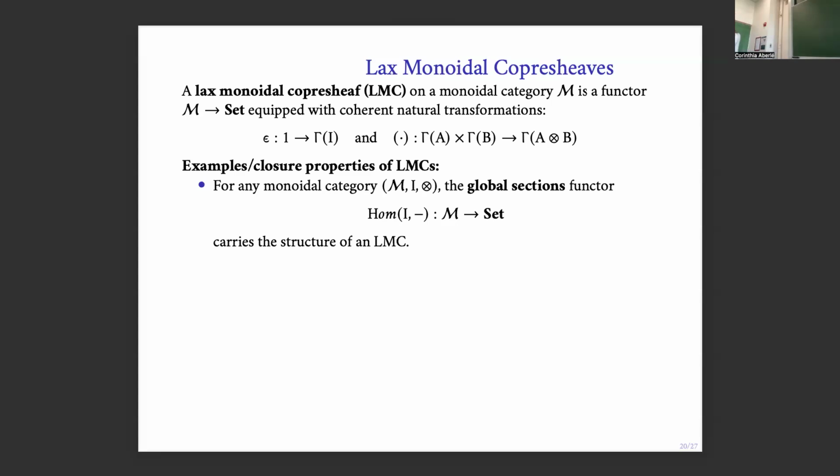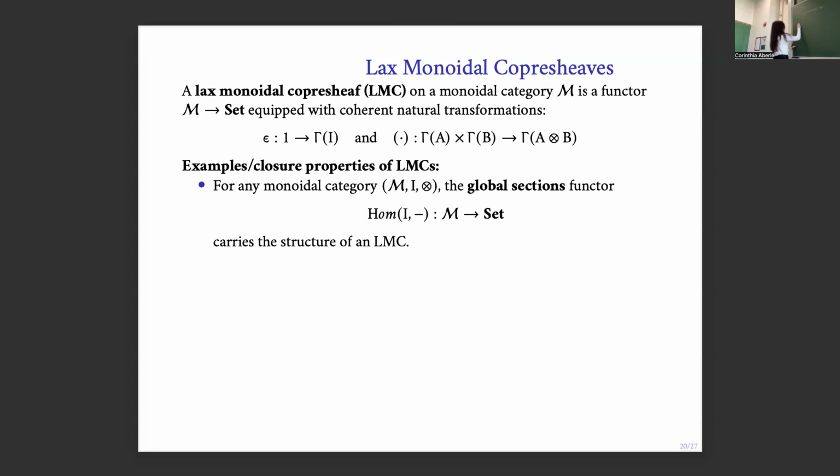So first of all, we want a point in the set HOM I I. And any guesses for what that is? Yep, it's just the identity on I.